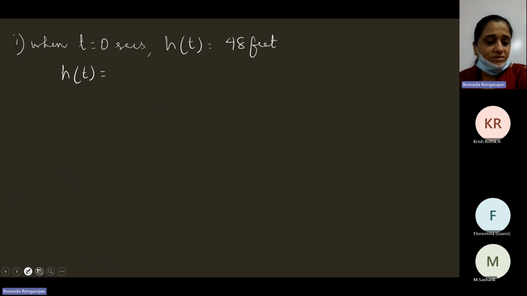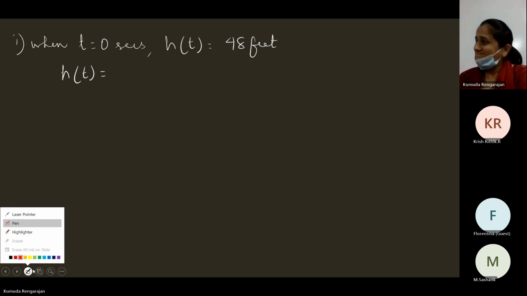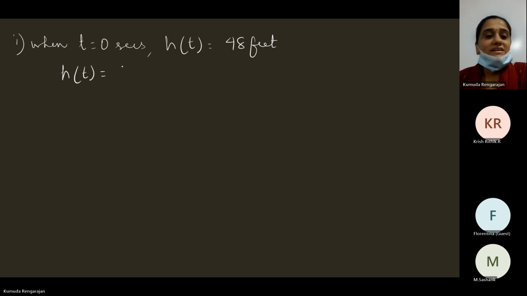The value of h of t is 48 feet, so 48. And how do you find h of t?